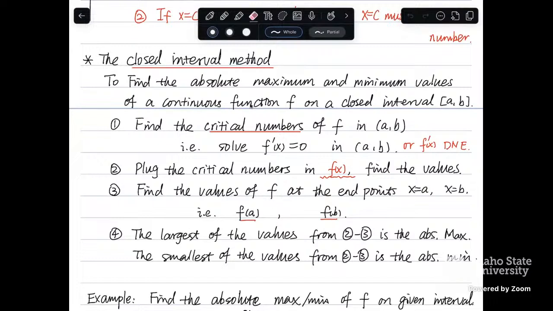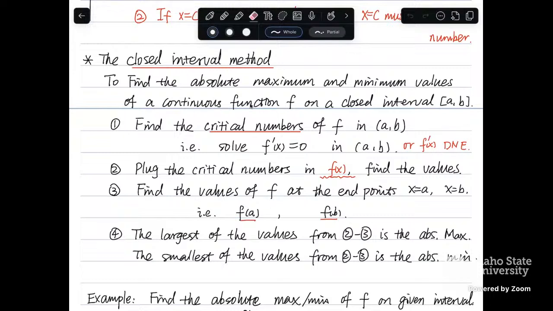We know this function is continuous on this interval, and it's open here. But if you look at the function value as x is getting closer and closer to 0, this function goes to negative infinity. So you cannot find the minimum value in this case. Does this make sense? So that's why, before you apply this method, you need to make sure the interval is closed. Okay.